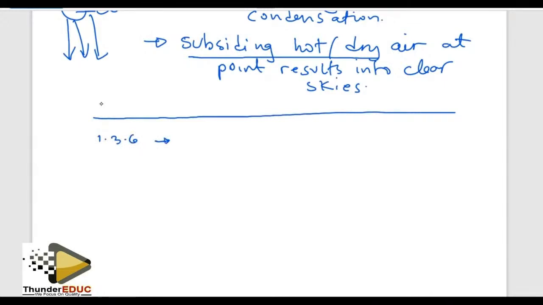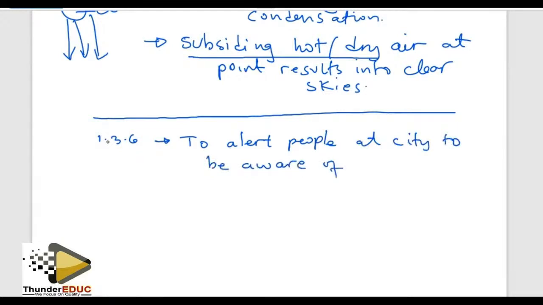Why are they going to issue fire warnings at city A? One, we could say to alert people at city A to be aware of the fire outbreak.